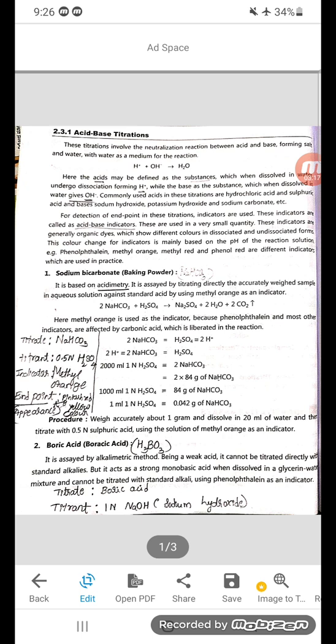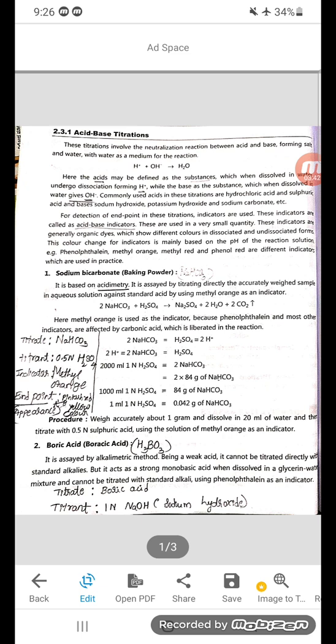Sodium bicarbonate, which we commonly call baking powder, NaHCO3. This sodium bicarbonate assay is based on acidimetry. As I already told, acidimetry titration is the process which involves the quantitative analysis of a base with the use of a standard solution of an acid.